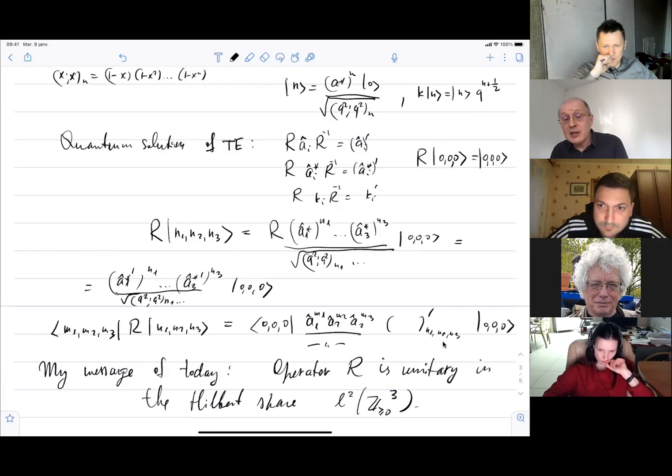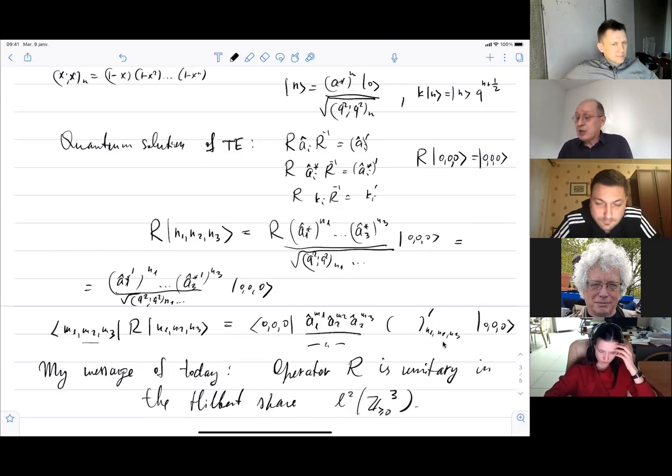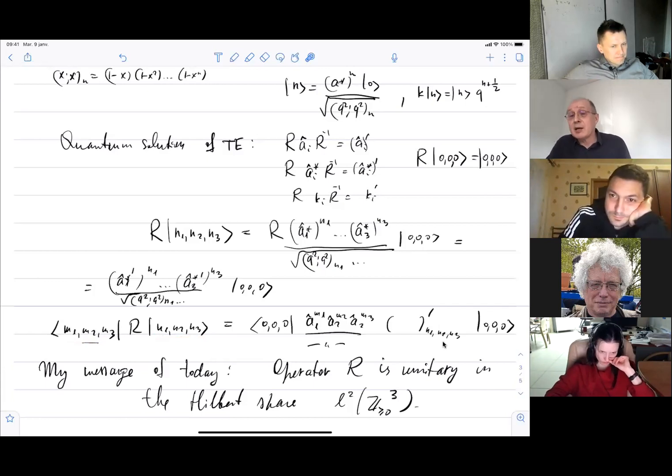My message is that there is a reason, it's not a theorem because I didn't work out all the details, but I have an argument to justify that this R matrix is actually a unitary operator in this space, which in particular implies that you don't need to invert this map. You just complex conjugate and exchange the arguments, as we do in Hermitian conjugation. It is a transposition accompanied by complex conjugation, and this will be the inverse of this R matrix.